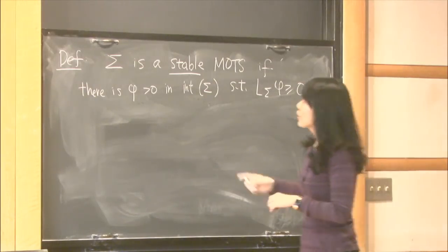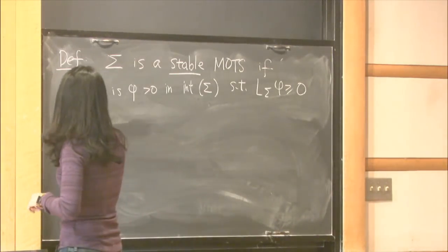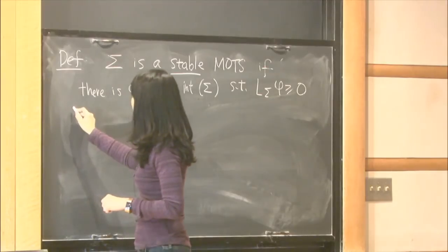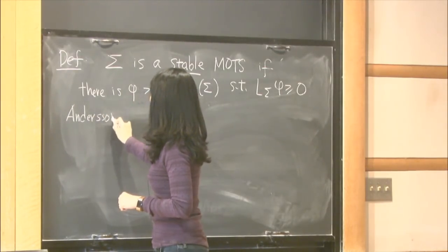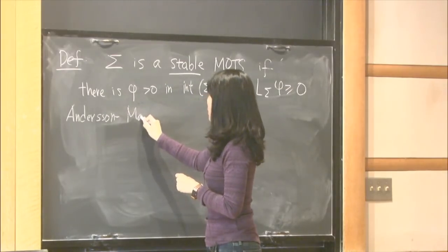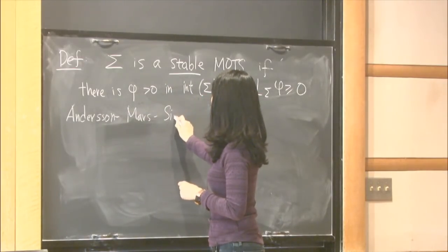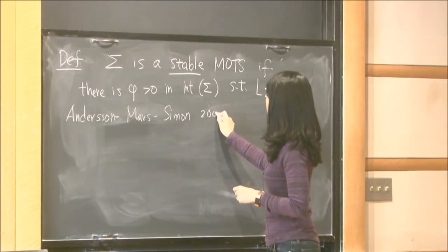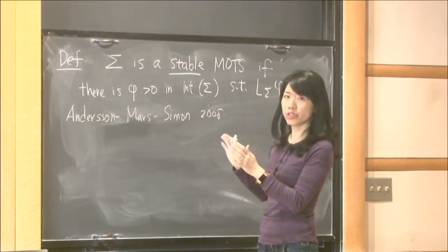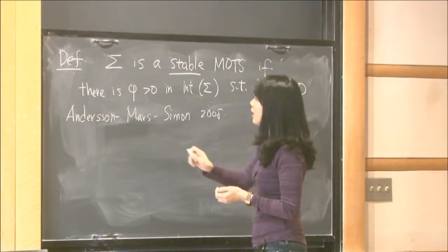Okay, so this stability was later, I think, defined by Lars Andersson, Michael Eichmair, and Walter Simon, just recently, in 2005. So a lot of progress on MOTS was just done in the past decade.